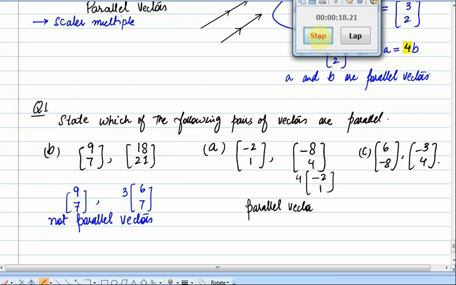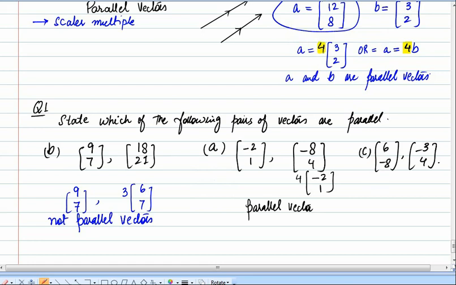Done? Alright. So if I take common minus 2, 6 will be minus 3 and minus 8 will be 4. Minus 2 is a scalar multiple. That means they are parallel vectors. So that is the concept of parallel vectors.